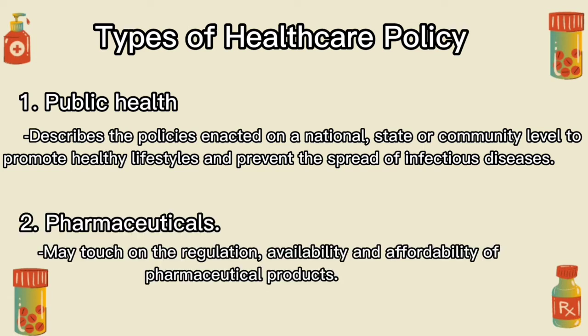Second one is pharmaceuticals. Pharmaceuticals may touch on the regulations, availability, and affordability of pharmaceutical products. Pharmaceutical policy is the part of healthcare policy that aims at addressing these problems and increasing access to safe, effective, and affordable medicines for all patients.